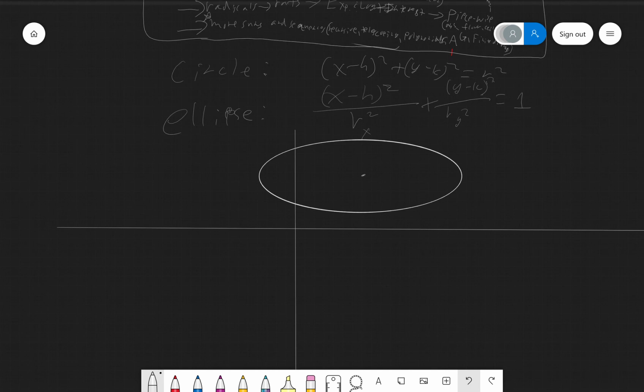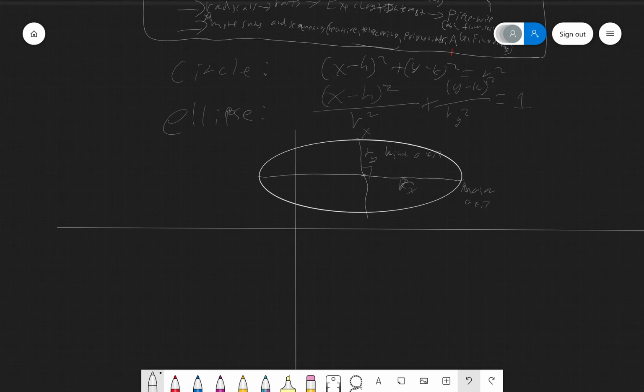So we draw this, right? This is Rx, and this is Ry, the radius in the x and the radius in the y. They're perpendicular. The bigger one is called the major axis, and the smaller one is the minor axis.